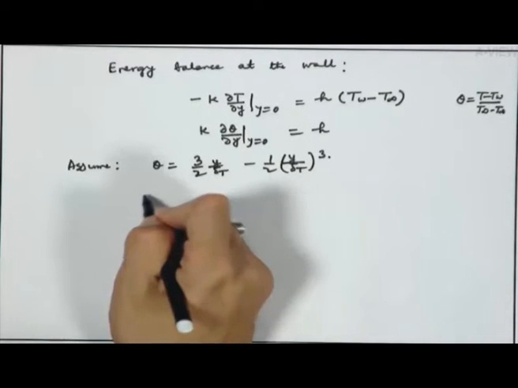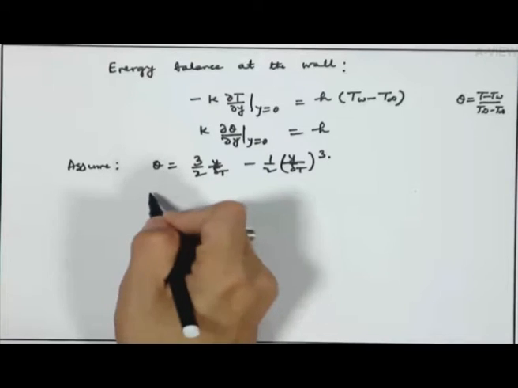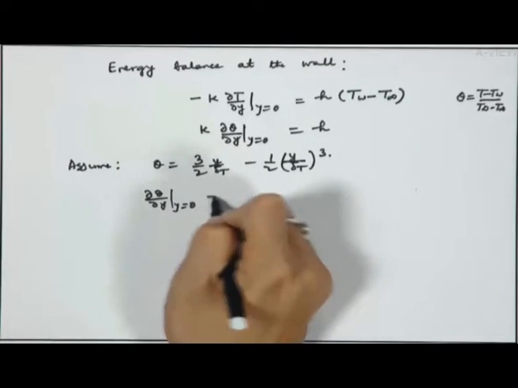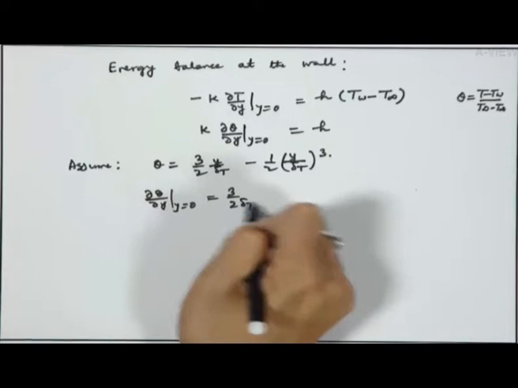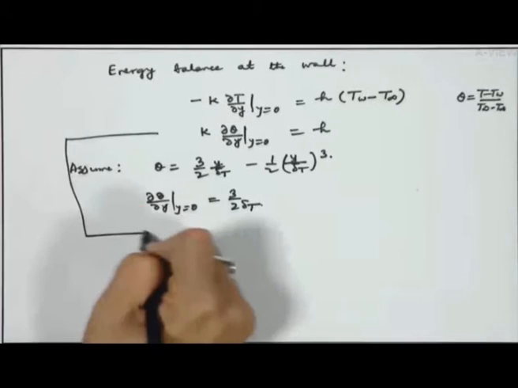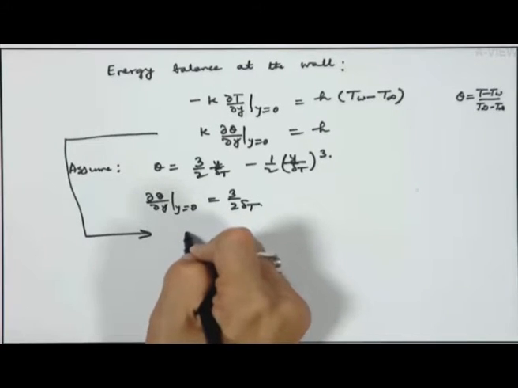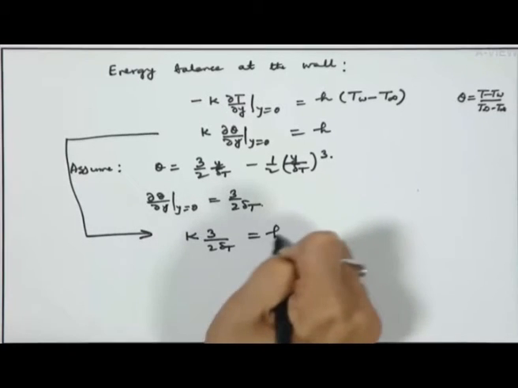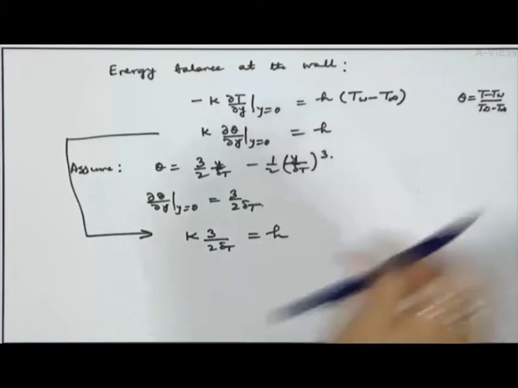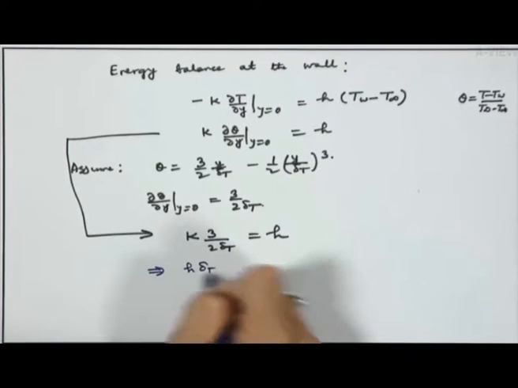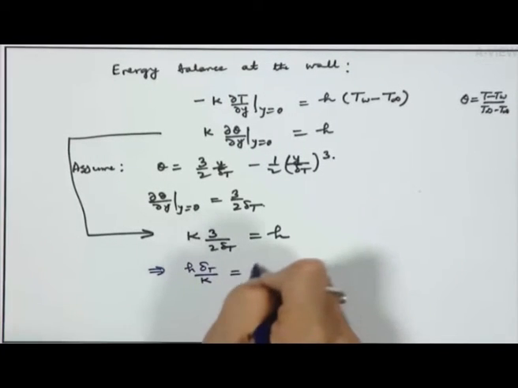So del theta del y at y equal to 0 is 3 by 2 delta t. You can substitute that here and write k into 3 by 2 delta t is equal to h. So from here, h delta t by k is equal to 3 by 2.